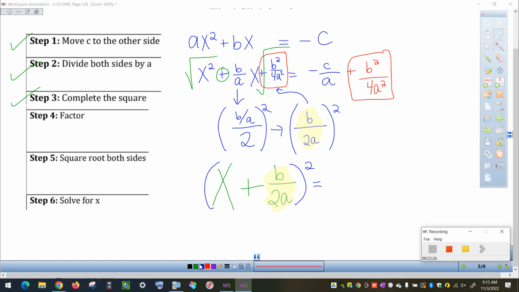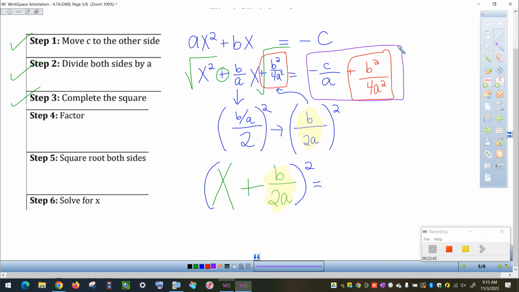Okay, now let's get back to our process here. We do still have to do a little bit more work on this right-hand side. It's not going to be as simple as just easily adding these together because we don't have numbers. We're dealing with fractions. In order to add fractions together, the denominators have to be the same.